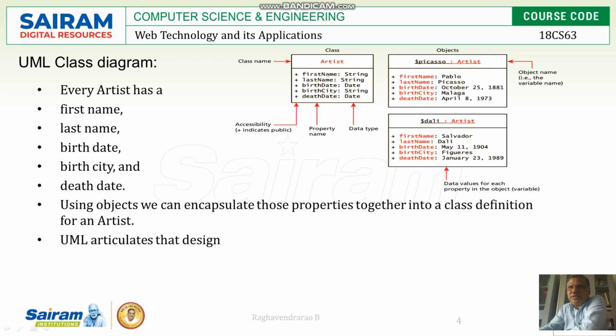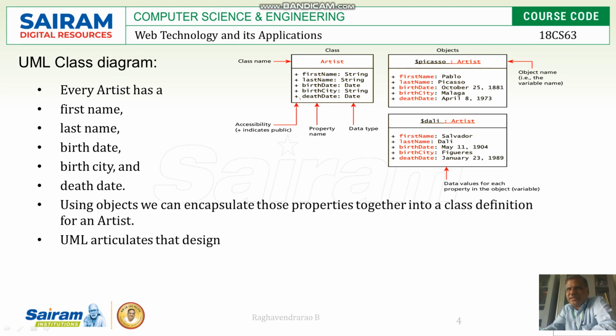So these are all the members in that. First name, last name, and all these things: the properties and the data types for them, and the accessibility.